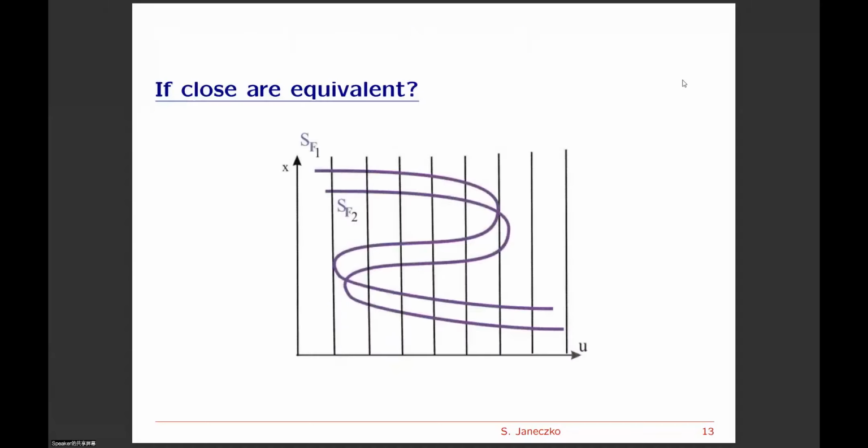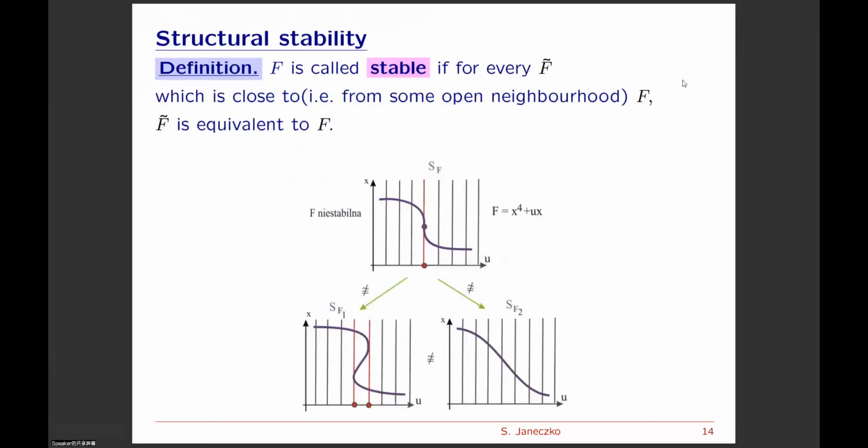So we have topology, and now we have a question: if things are close, are they equivalent? If you have something which is close to something else, is it equivalent or not? Then the next very important notion is structural stability.